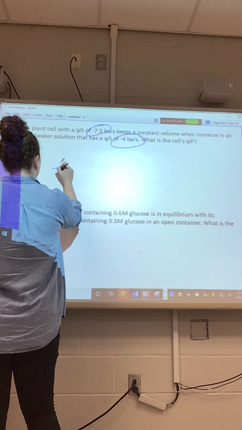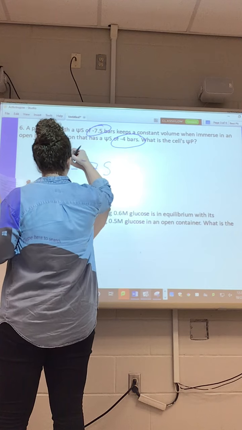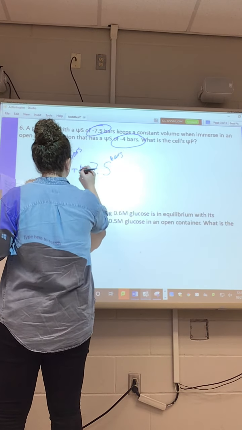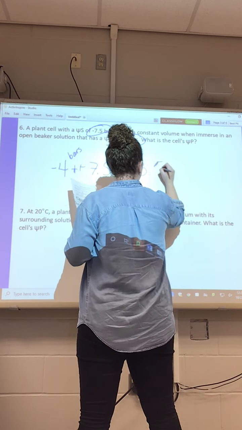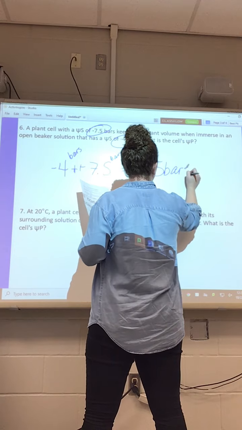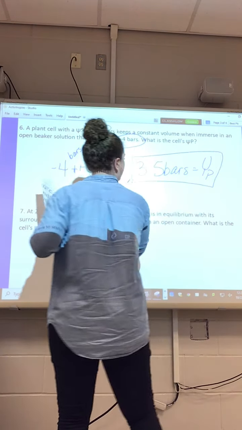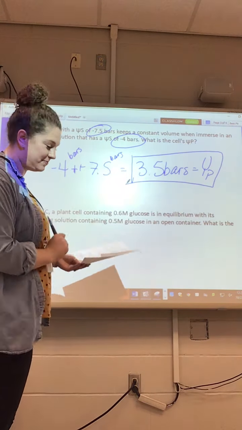So we're going to have negative 4 minus a negative 7.5. These are bars. So that equals 3.5 bars is the pressure potential. That's it. One more question.